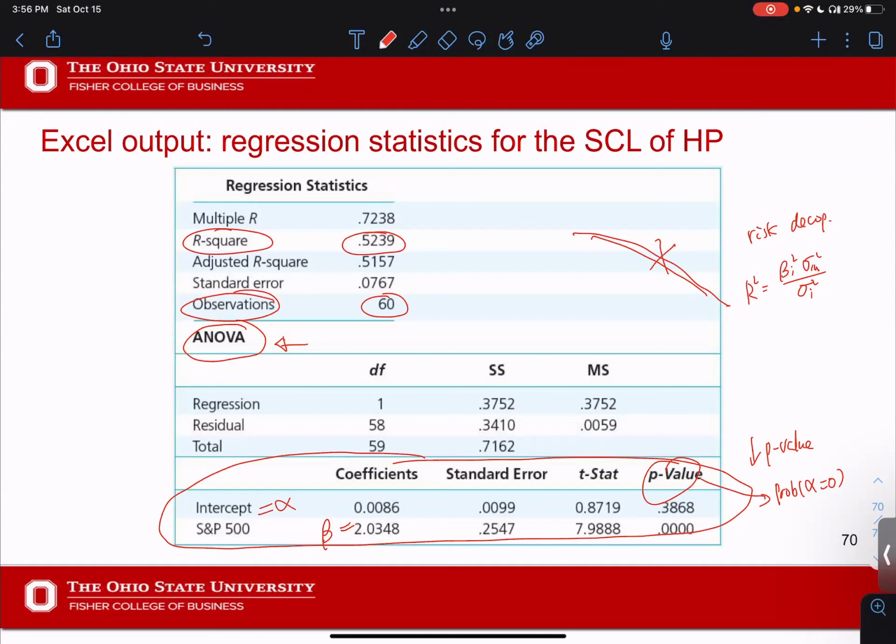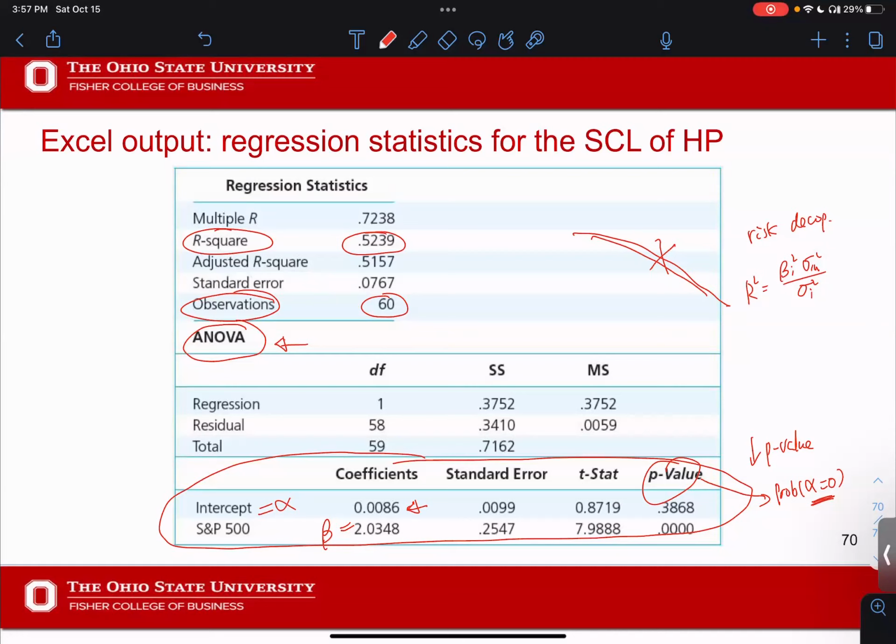The higher the p-value, the more likely alpha is equal to 0. Although you might not get an absolute 0 on the point estimate, statistically it is very likely alpha is equal to 0.